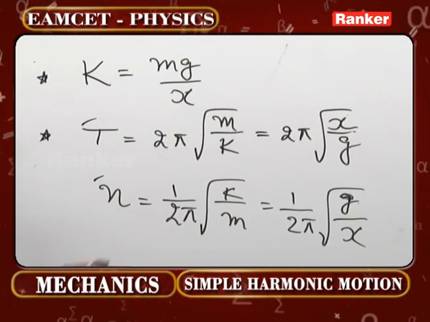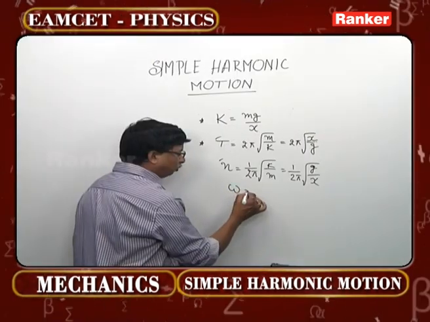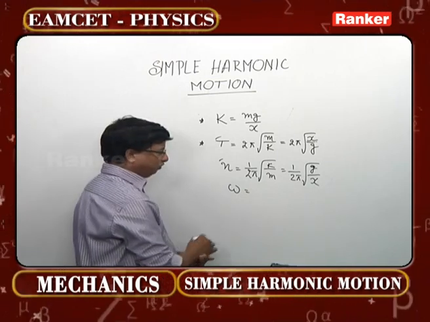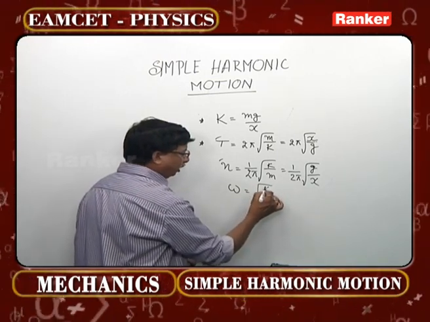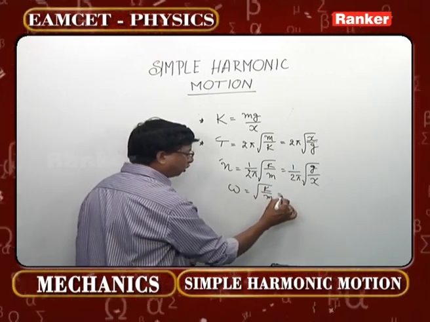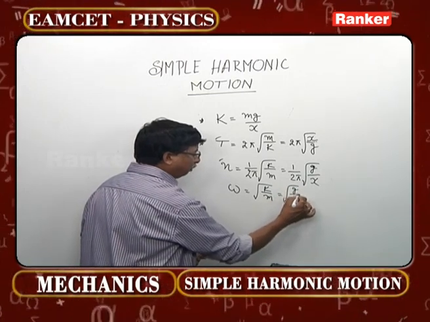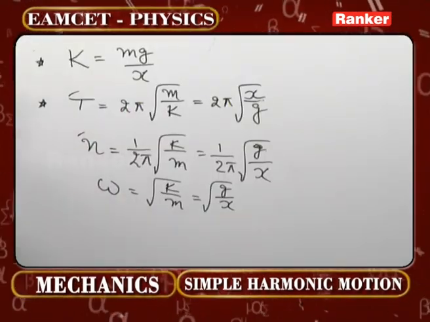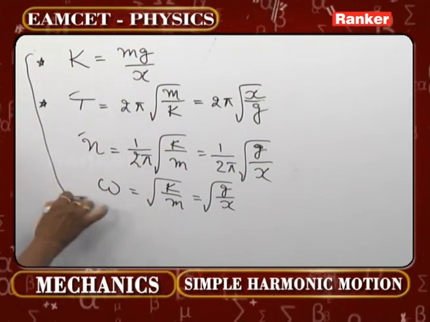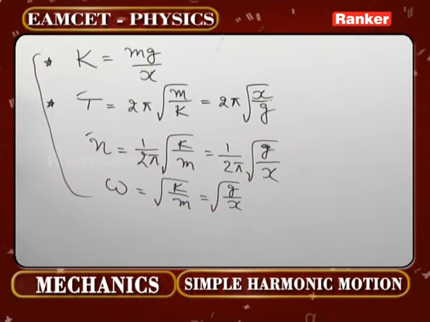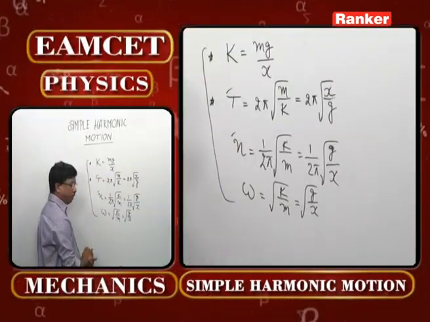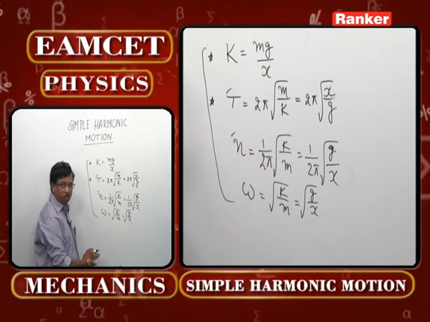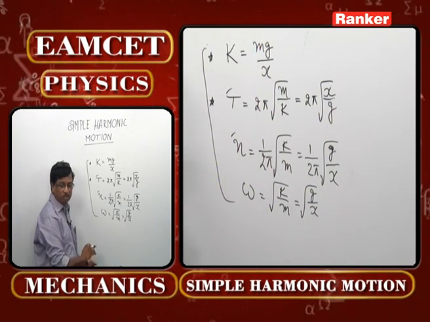Coming to the next one, what is its angular frequency? That of course you can write either root of k by m, or root of g by x. These are the major equations one should remember while taking up oscillations of a loaded spring in the vertical plane.